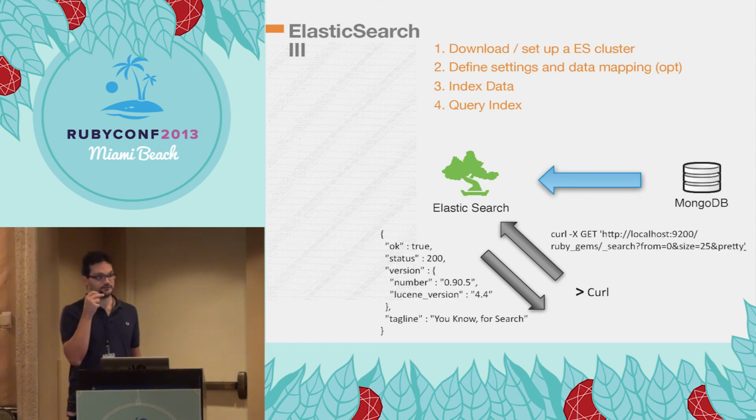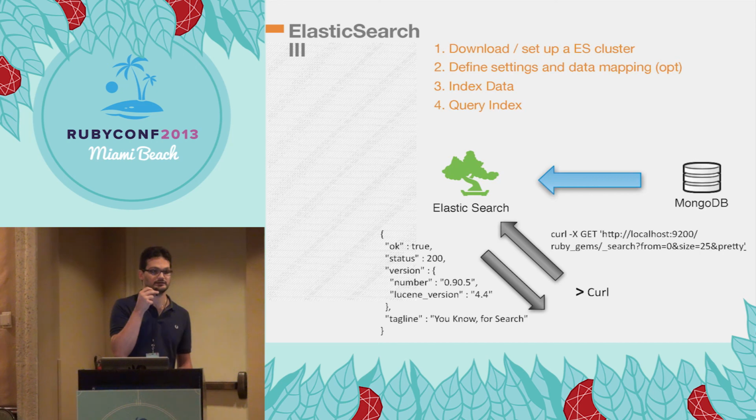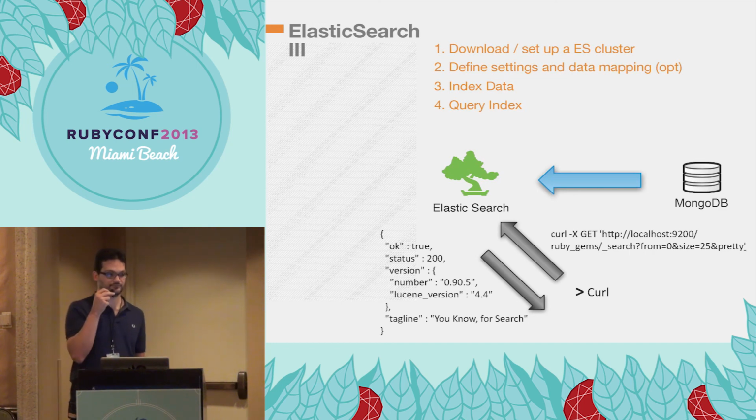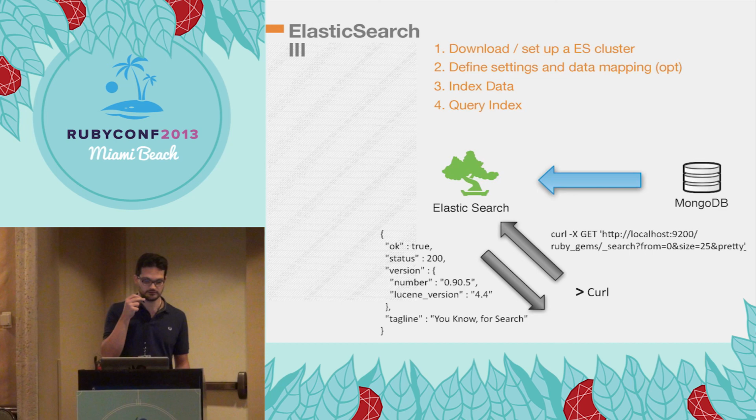It's optional because Elasticsearch is schemaless, so you could just ignore that and start injecting data into Elasticsearch. You only have to do that if you don't want the default assumption that Elasticsearch makes on each field. So if you want, for example, a specific field to get tokenized or parsed in very special ways, you have to define your own data mapping.